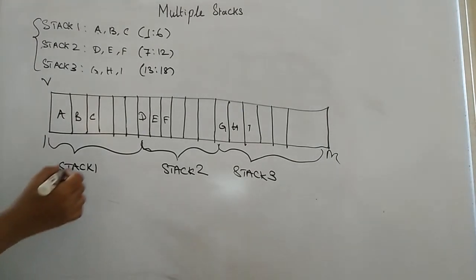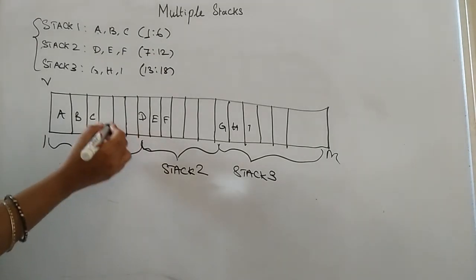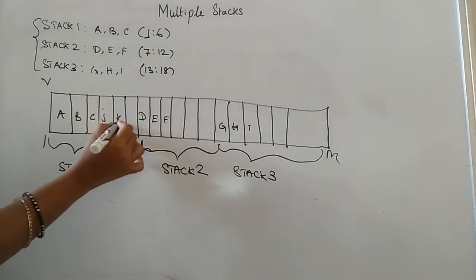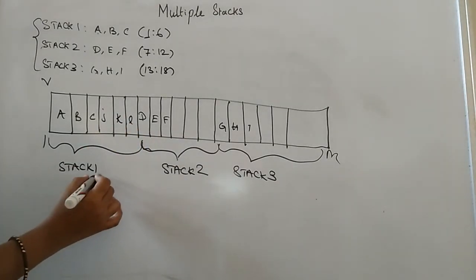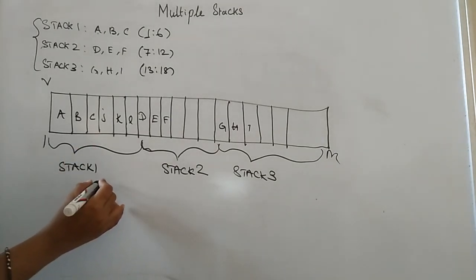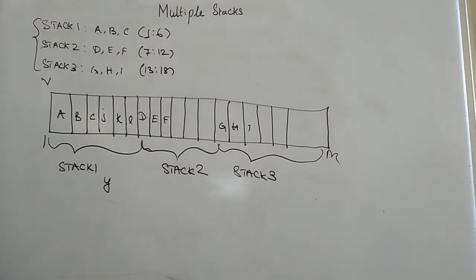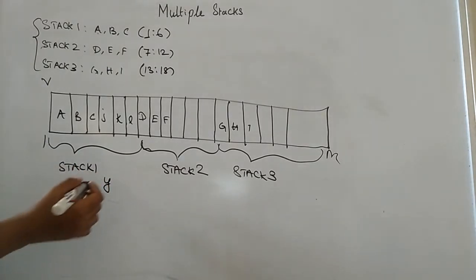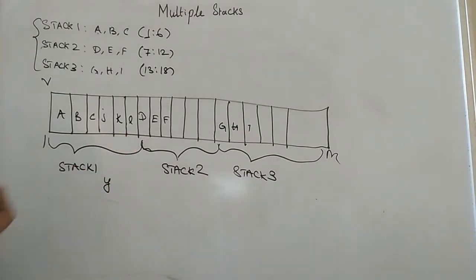Now I am going to store 3 more elements here, for example J, K, L. Next, again I am trying to push one more element, for example Y, to stack 1. But when I am trying to store the element Y onto stack 1, it gives me the message that stack 1 is full.